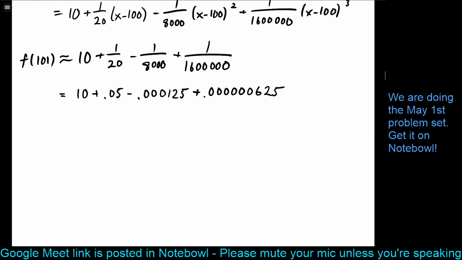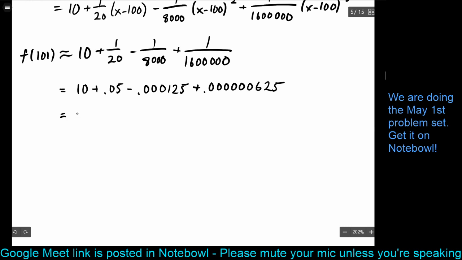So we'll do that. We'll add 10, add 0.05, subtract 0.000125. And so this is 10.04987563. Right? So this is saying that the square root of 101 is approximately this number.